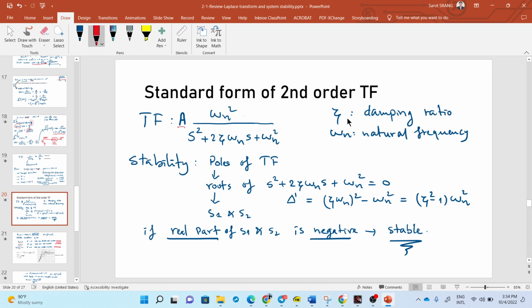If you have an input like an impulse or step, then you get the output, and if the output converges, then you call the system stable, right? So to know the stability, what you have is the transfer function only. You don't see the outputs yet, so how can you judge whether the system is stable or not?